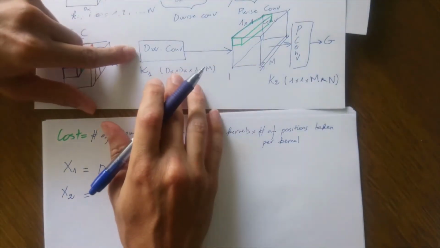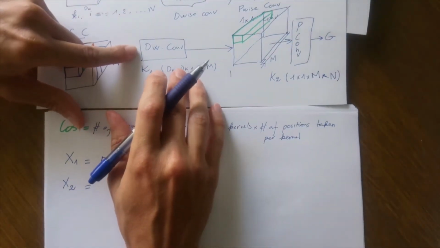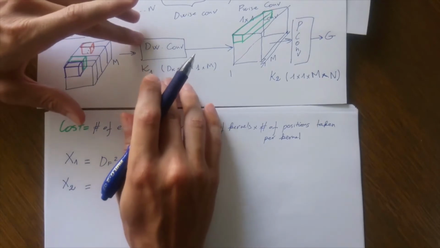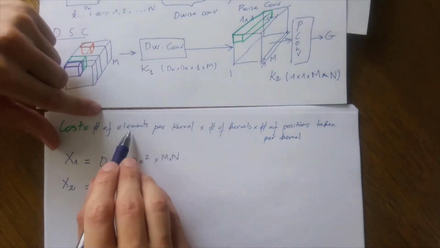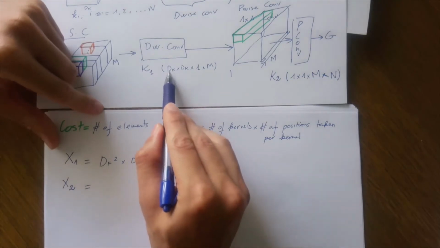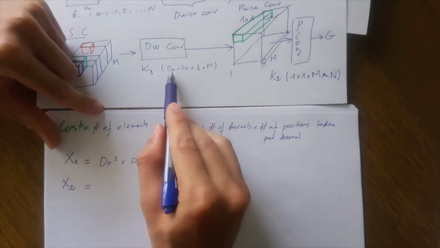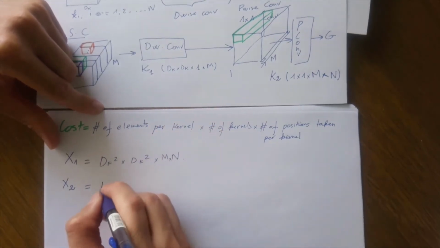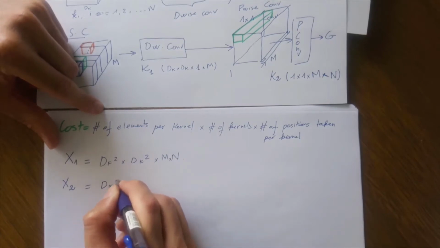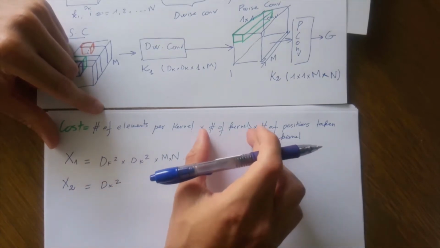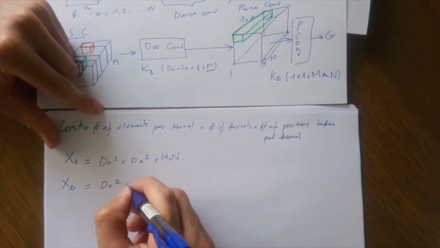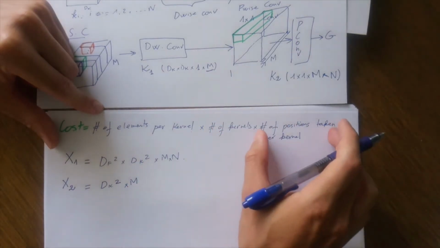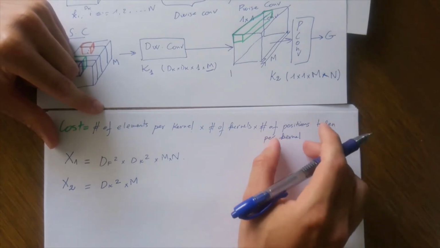So the computational cost at this layer should be equal to what? At this layer here, depthwise convolution, what is the number of elements per kernel? Well, the number of elements per kernel is dk times dk, which is dk squared. The total number of kernels is m, and then the number of possible positions taken per kernel.